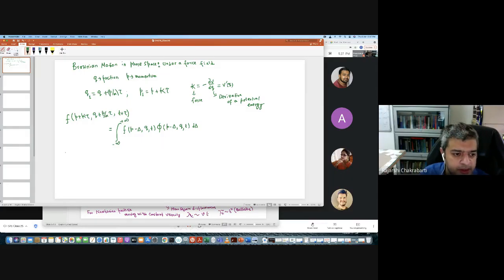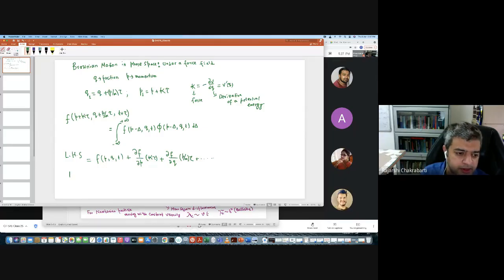Now if I expand the left hand side with the standard Taylor expansion, it gives f of p, q, t plus the derivative of f with respect to p times kappa tau, plus the derivative of f with respect to q times p by m into tau, and higher order terms, which I am not writing.